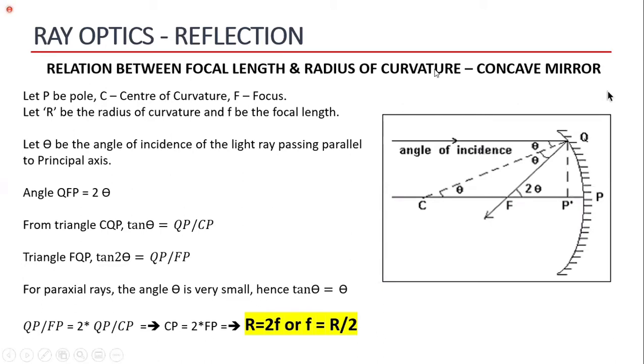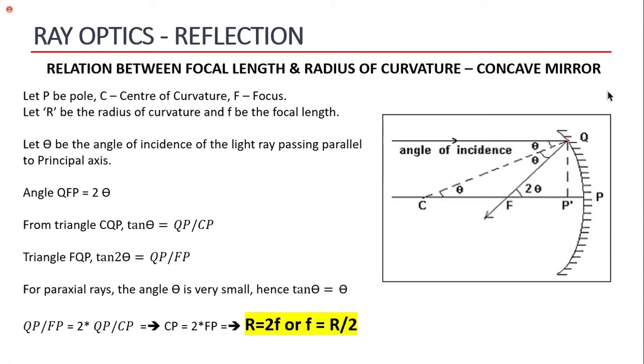Now see, for that I have taken a concave mirror, and I have taken your object placed at infinity. You will get a ray which is parallel to your principal axis, and that will go through your focal point, isn't it?